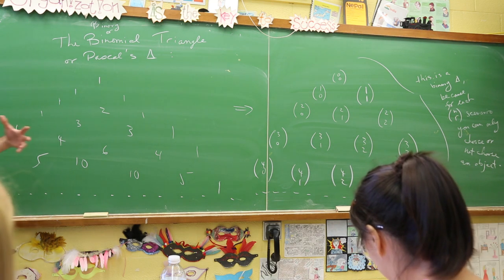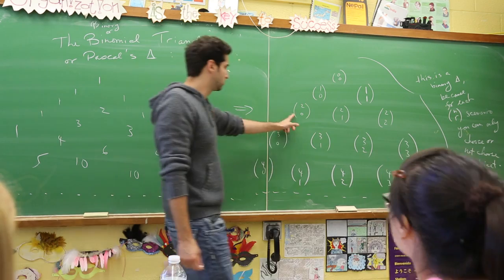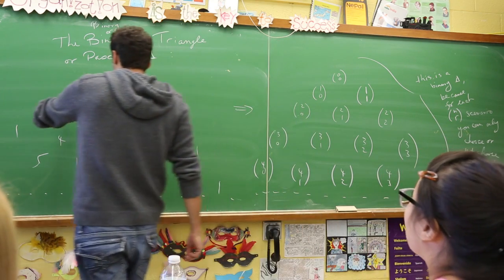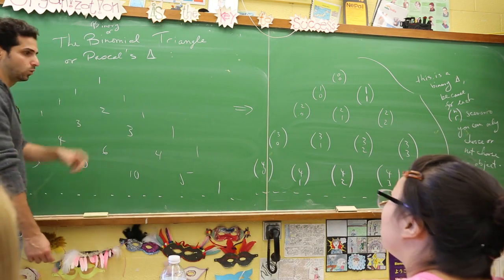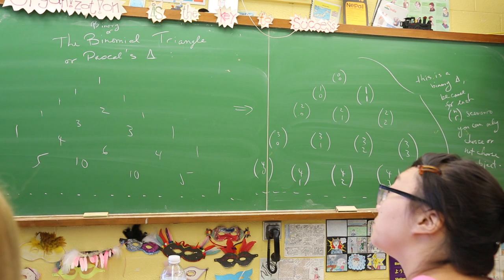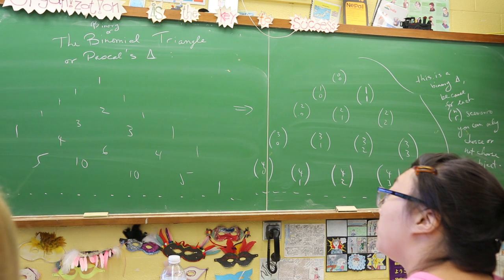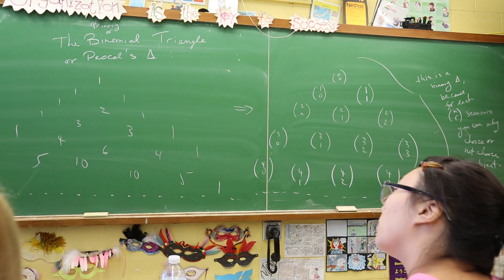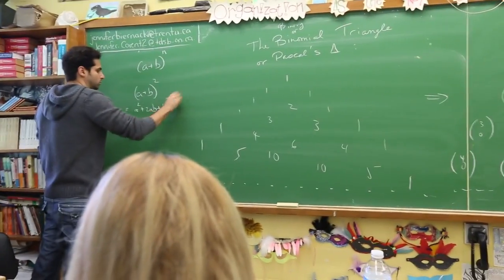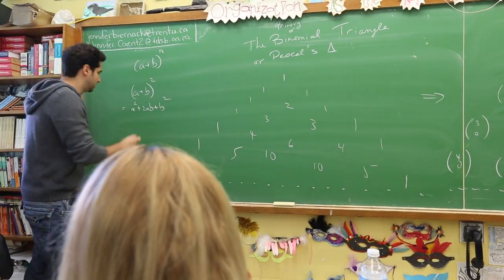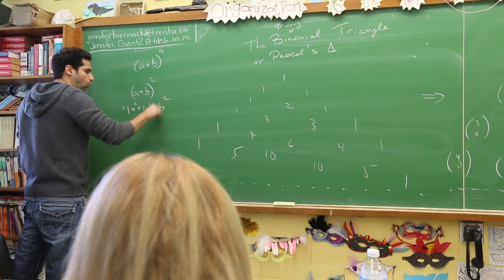So for example, if you use this one, this would correspond to that scenario, 1, 2, 1, which would correspond to a plus b squared, right? If you take a look at something like a plus b squared, what you have is a squared plus 2ab plus b squared, right? Now that's really a 1, and that's a 1.